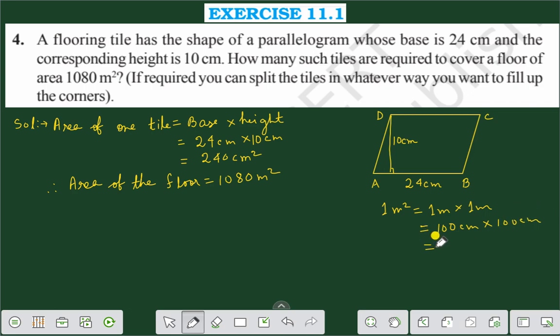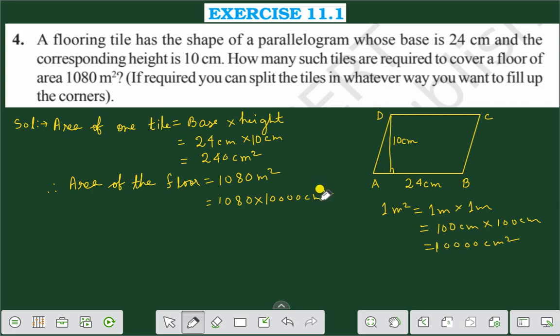Therefore, we are getting 10000 centimeter square. We have to convert this meter square into centimeter square, right? Therefore, we are getting 1080 into 10000 centimeter square.